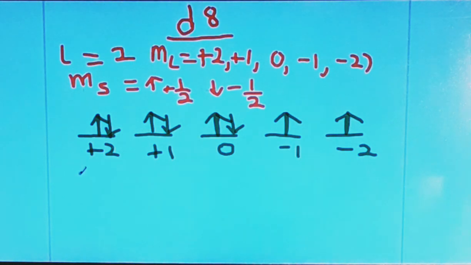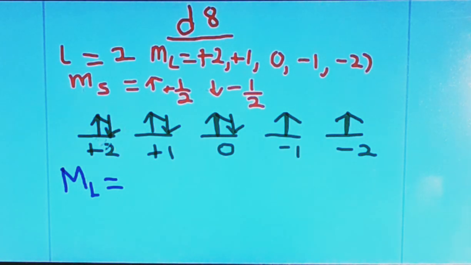Then we determine the total orbital angular momentum, which is represented by ML. The total orbital angular momentum is determined by summing up the magnetic quantum number of the electrons in each orbital.